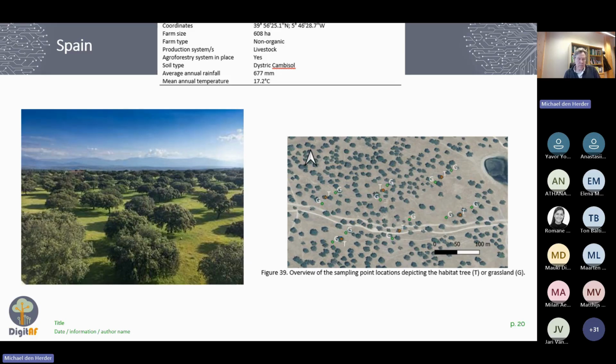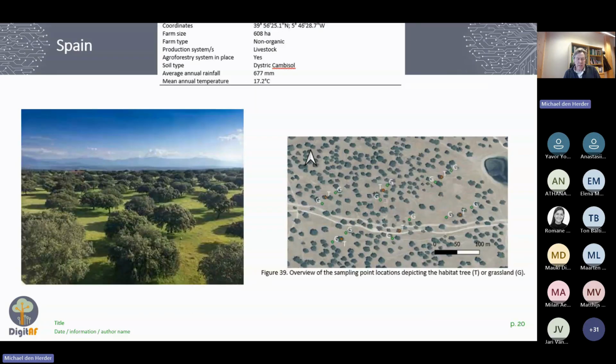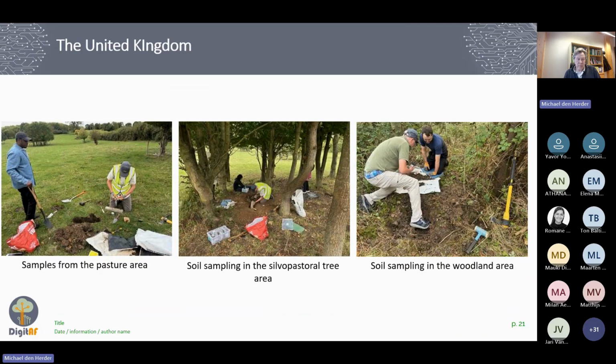In Portugal, it was area-based sampling, where they took transects. And in Spain, they took the measurements under the tree and then a bit further away from the tree in the pasture. And in the United Kingdom, they took samples in the open pasture area, then in the silvopastoral area, and then they took soil samples in the forest area.